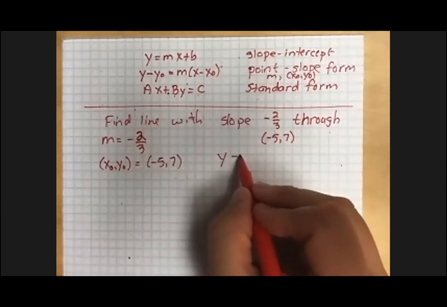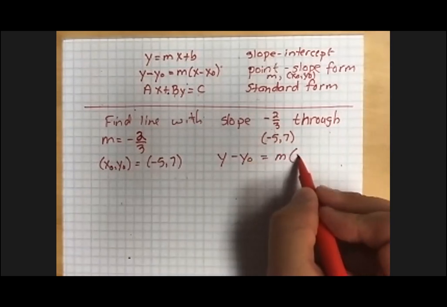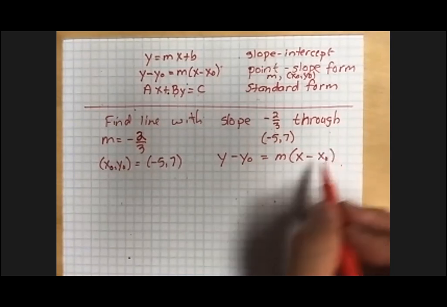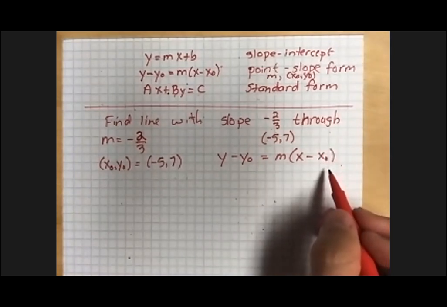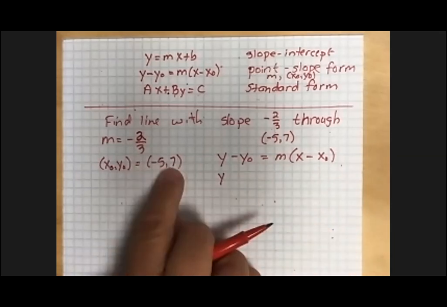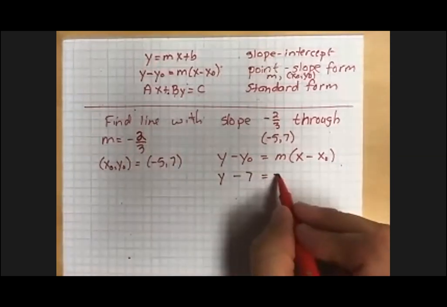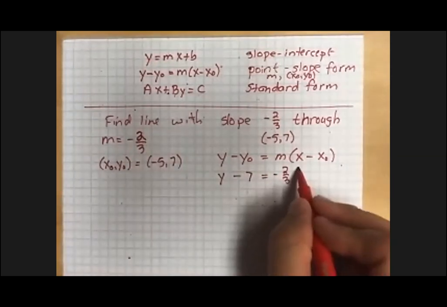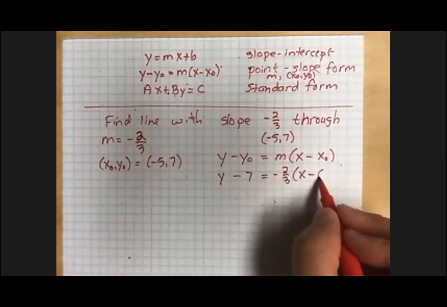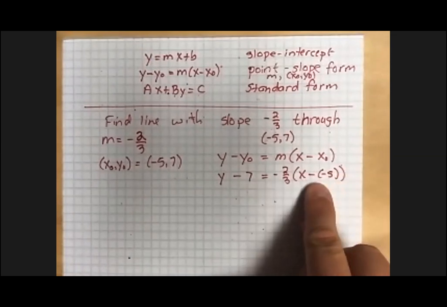All I have to do is plug those things into this equation and carefully manage all the negative signs and all the multiplying, and I'll come up with the right line. Let's try it. y minus 7 is equal to negative 2/3 times x minus x naught, and x naught is negative 5. Respect the sign. That's really x plus 5.